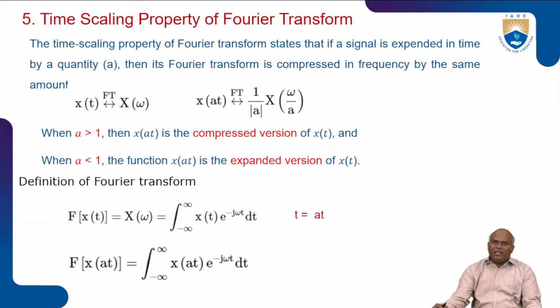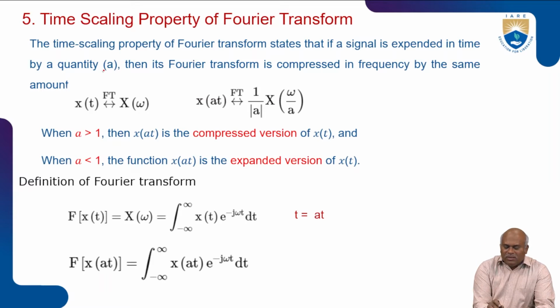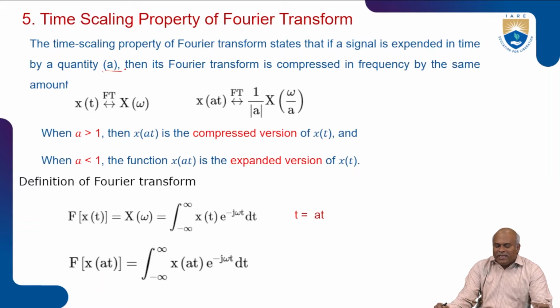Next, we go to another property, the time scaling property of the Fourier transform. The time scaling property states that if a signal is scaled in time by a quantity A, then the Fourier transform is compressed in frequency by the same amount.